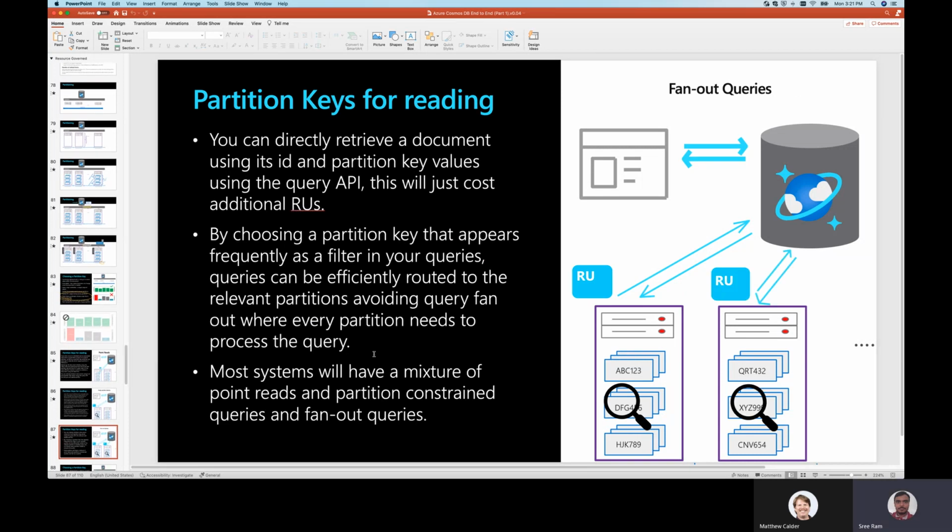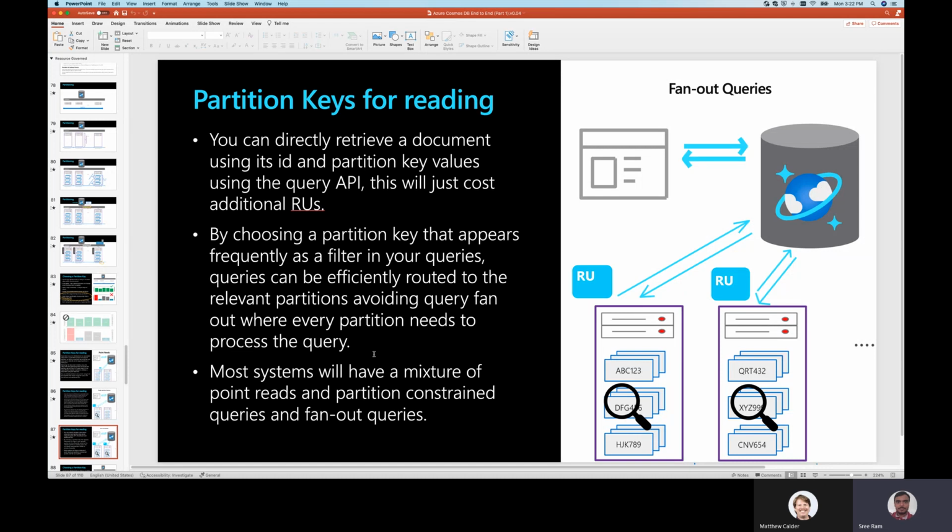Then there are these fan-out queries. Fan-out queries are very bad. Fan-out queries are the queries that try to read from many partitions, and that's not usually a good thing. We should avoid fan-out queries.